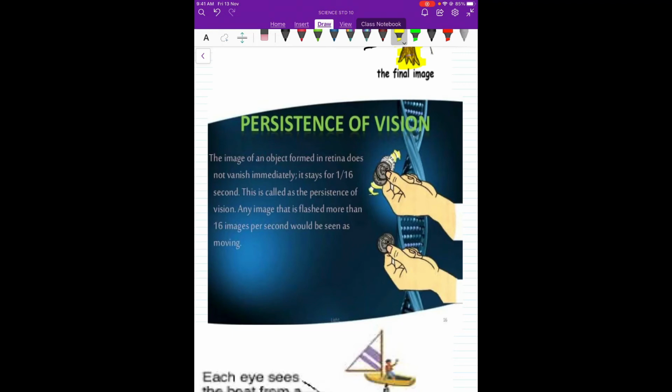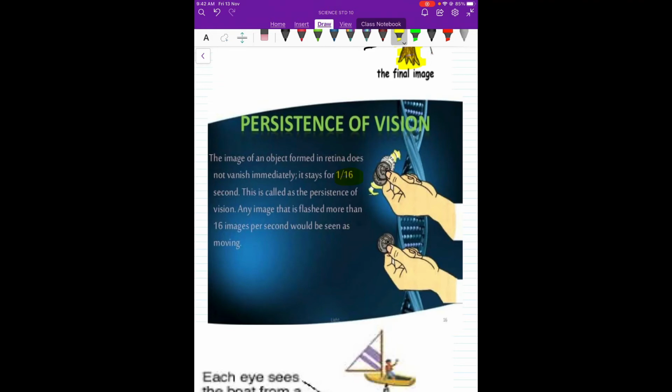Whenever an image is formed in the brain, it stays in our memory for 1/16th of a second. Immediately the next image comes, but before the next image, the first image fades away, the next image is always ready. So there is a continuity in the vision of the images. Now this makes the images appear to be moving.